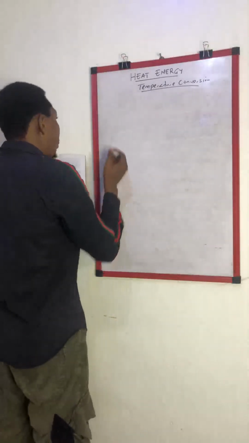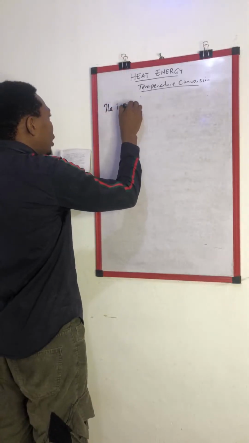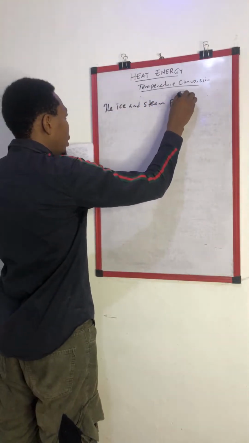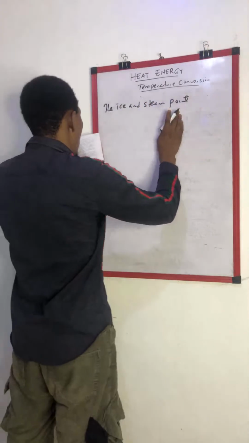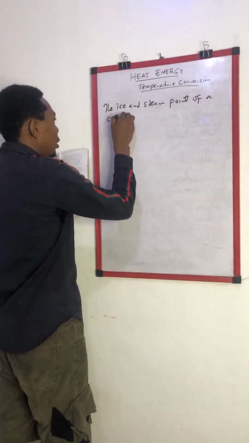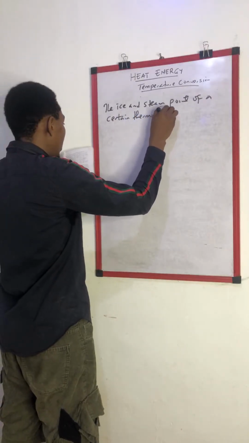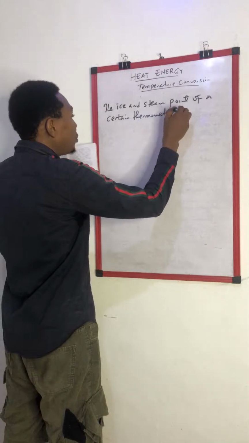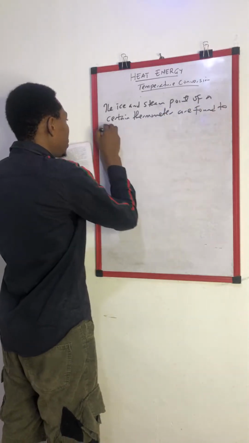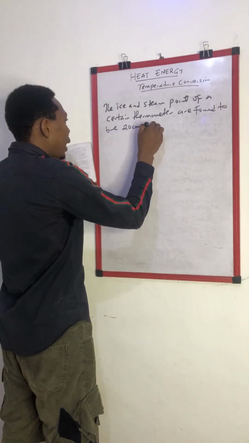The ice point and steam point of a certain thermometer are found to be 20 centimeters apart.